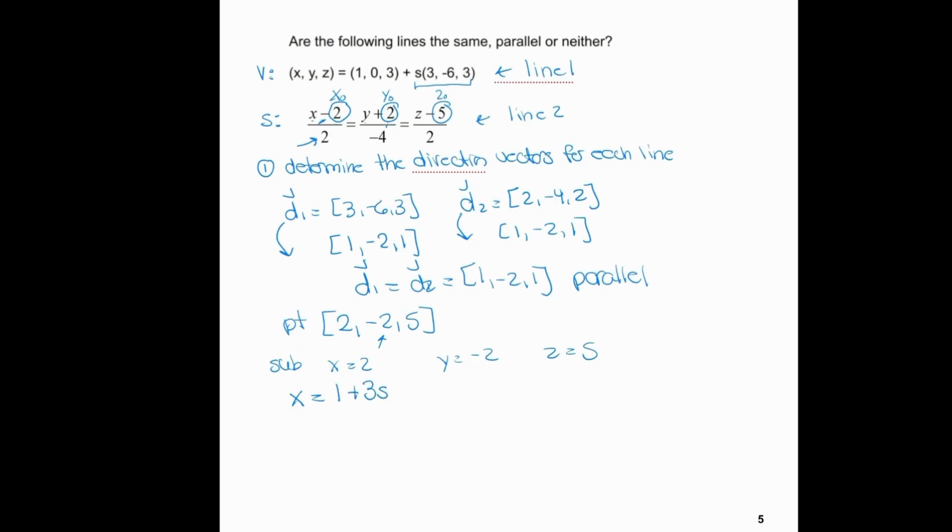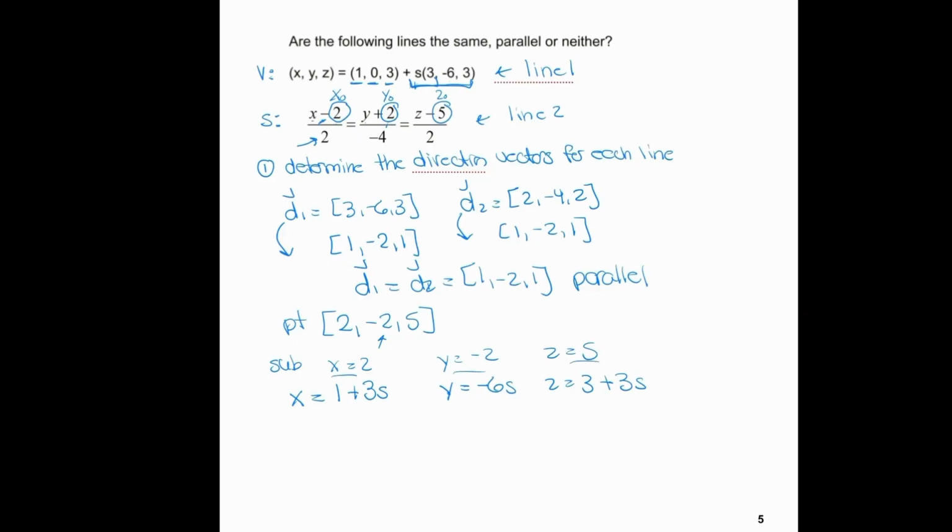I guess it's s values this time, not t. So it's 1 plus 3 times our multiple. For y, we have y equals 0 plus negative 6 times s. So that becomes negative 6s. And for z, we have 3 plus 3 times s.